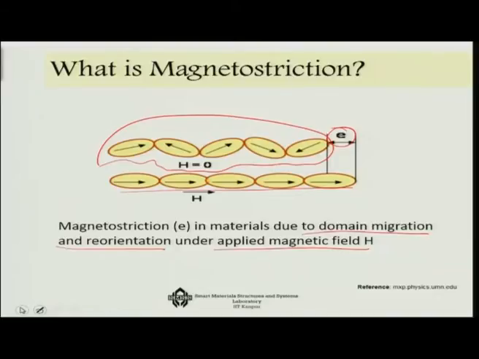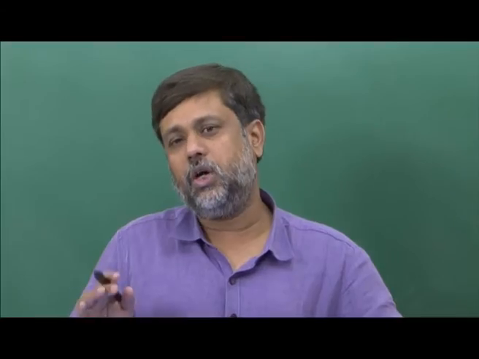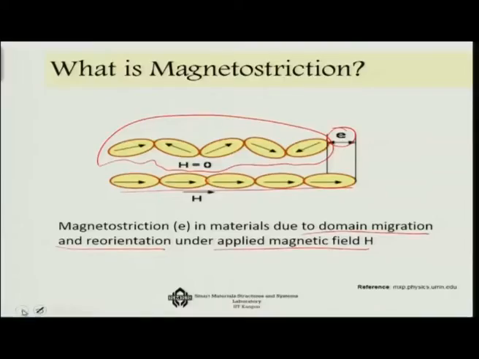There are two terms here which are important. One is called magnetostriction, another is called giant magnetostriction. While magnetostriction is true for all materials, a subset of them shows very large magnetostriction, and that is generally referred to in the literature as giant magnetostriction.